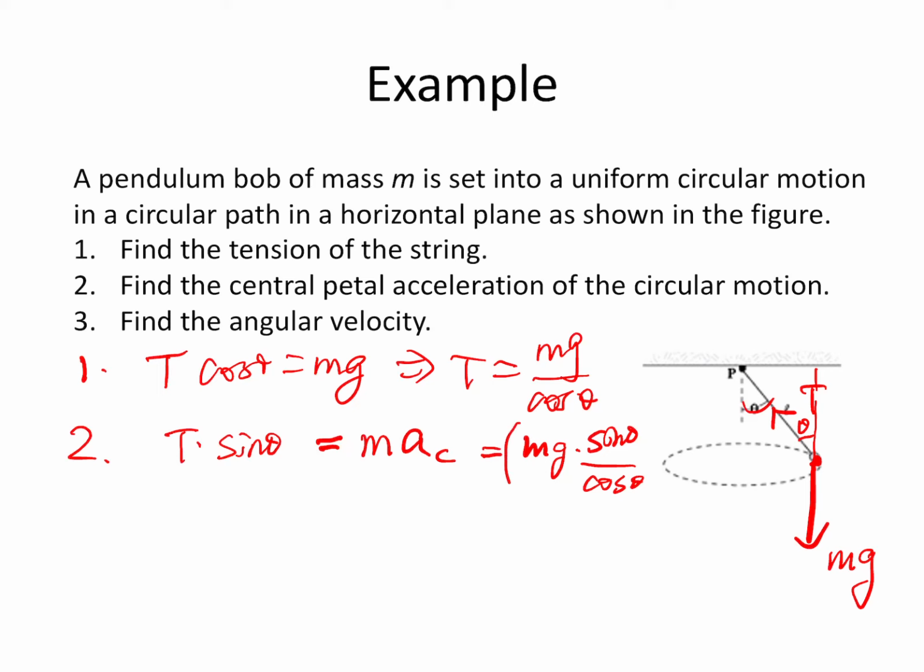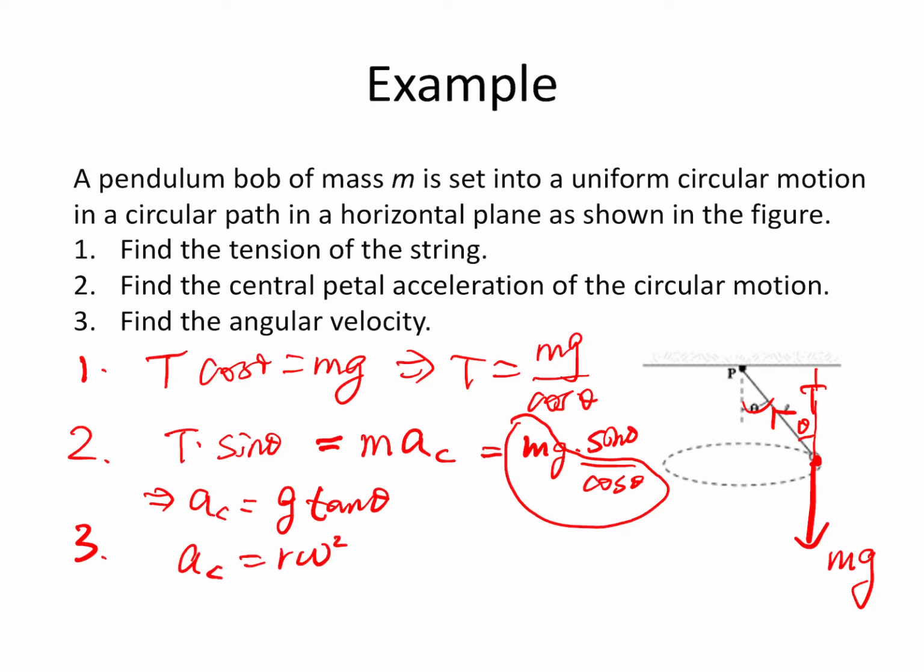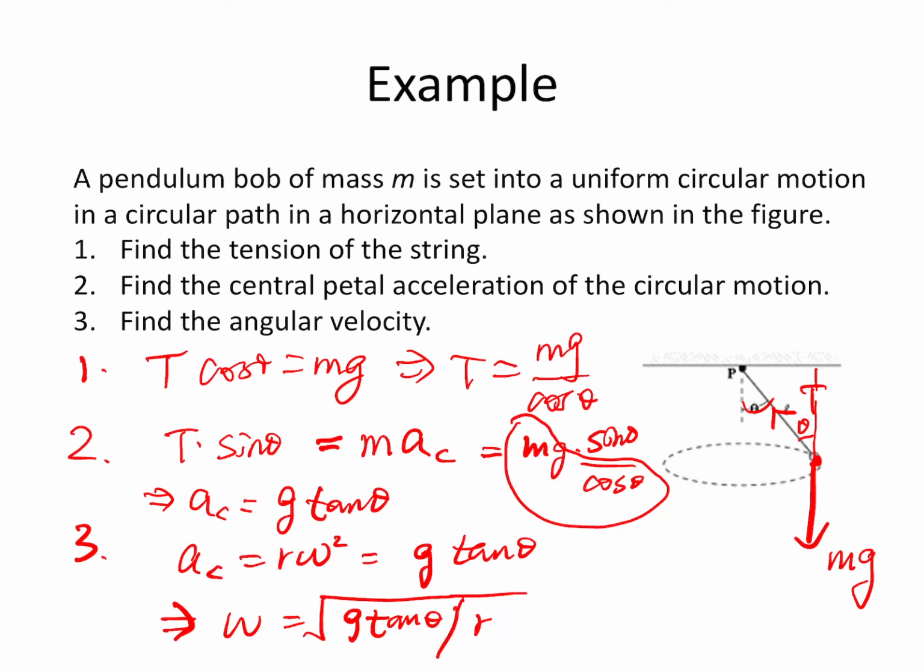So a_c equals g tangent theta. After we find a_c, it's very easy to find the angular velocity because we know a_c is r omega squared, which equals g tangent theta. So omega is the square root of g tangent theta over r.